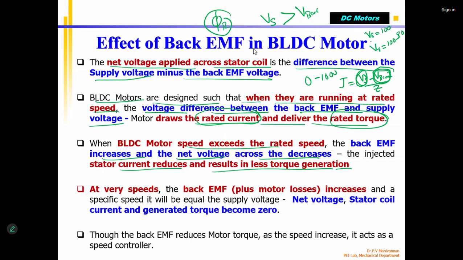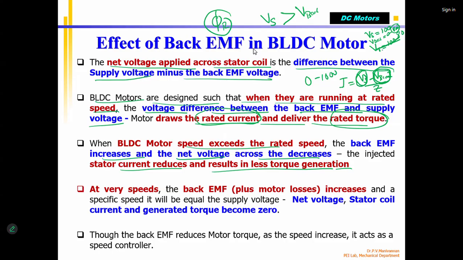The back EMF will start from 0 to, for example, 80 volts at rated RPM, that is 1000 RPM. If the motor speed becomes 1100, what will happen? The back EMF will become, say, 90 volts. What is the difference voltage? Vs minus 10 volts. So the current will reduce, so the torque produced by the motor will reduce.